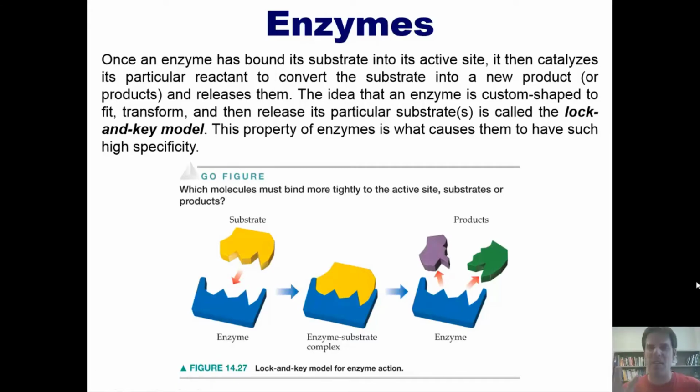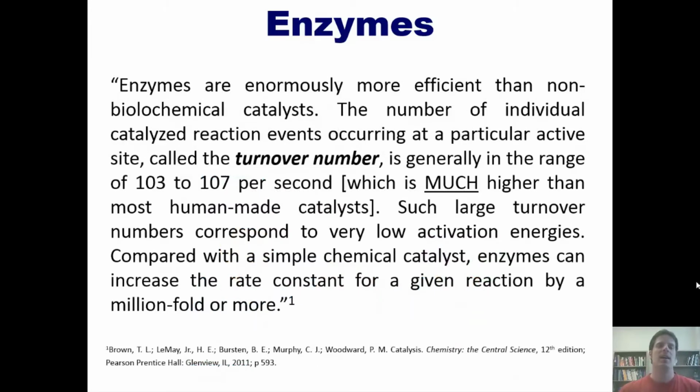I'd now like to take a very cool quote directly from our text. It says, "Enzymes are enormously more efficient than non-biochemical catalysts. The number of individual catalyzed reaction events occurring at a particular active site, called its turnover number, is generally in the range of 10^3 to 10^7 per second, which parenthetically is much, much higher than most human-made catalysts.